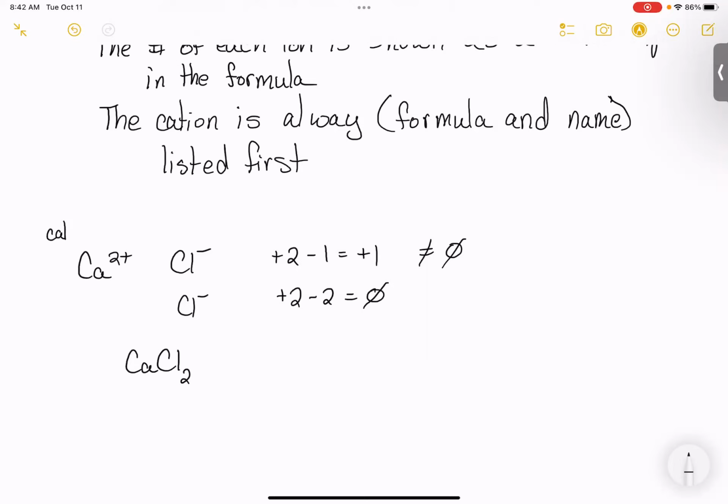So that would be calcium ion. And Cl- is the anion of an element, so it ends in IDE, so that's chloride. To get the name of the compound, you're going to simply combine the names of the ions without the word ion. So CaCl2 is calcium chloride.